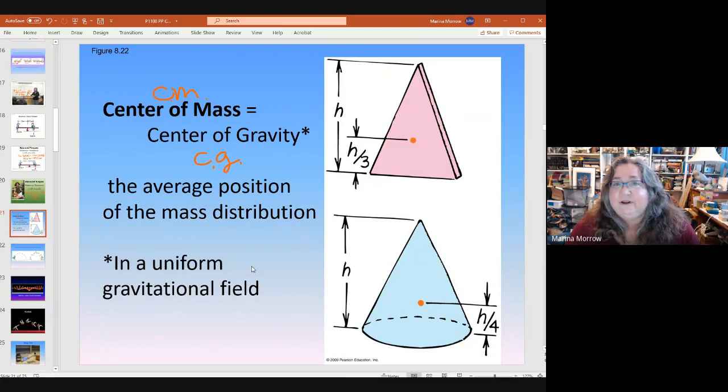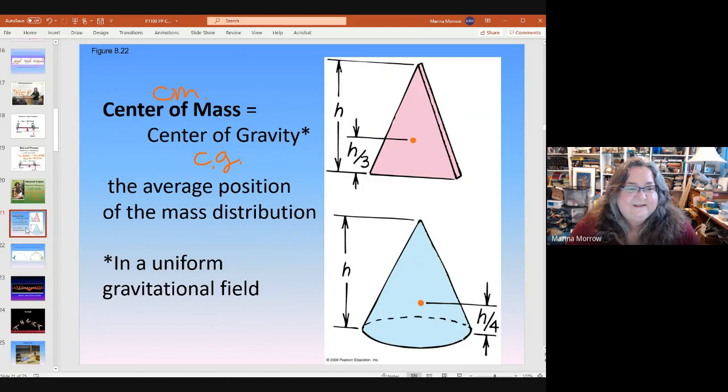Close to the Earth's surface, we consider it fairly uniform. You would have to have something very large or in some weird gravitational field for the center of mass not to equal the center of gravity. The moon actually has that issue.